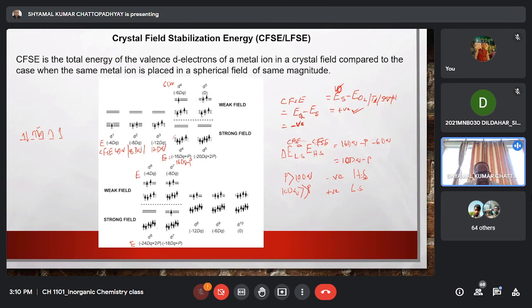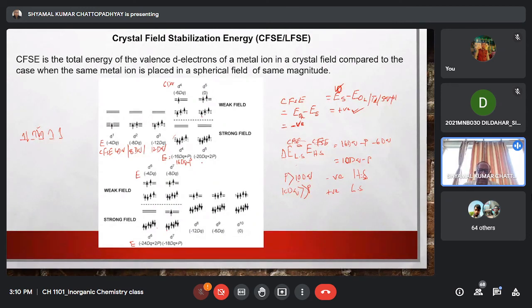Now you can see here the energy gap is actually 20 Dq plus 2P minus 2P, right? So again, it is actually a fight between 10 Dq and P, or its multiples. So here it will be 20 Dq minus P. Here it will be again 10 Dq minus P, etc. So ultimately here again 20 Dq plus 2P, and here it is 0.